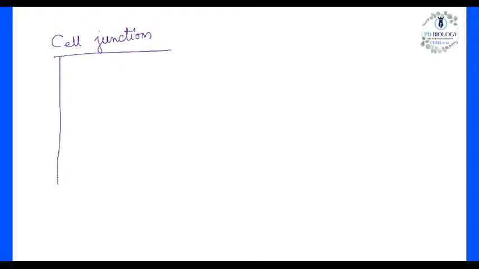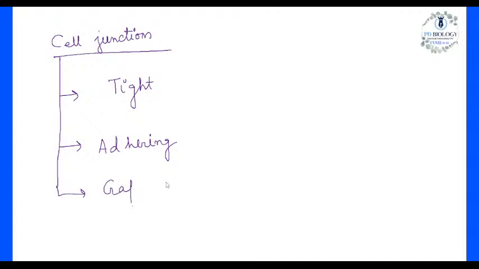So cell junctions are mainly of three types: tight junction, adhering junction, and gap junction.